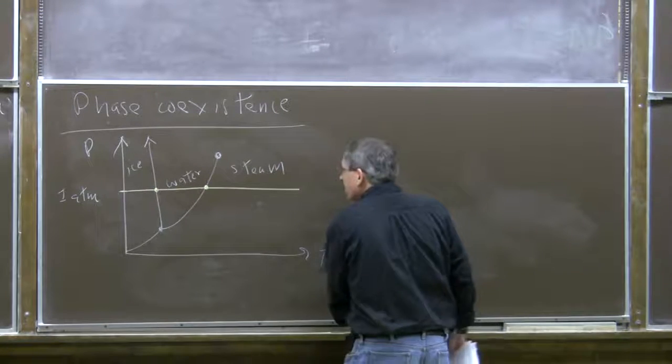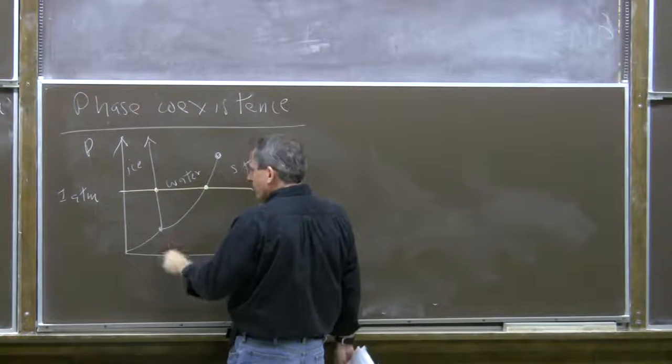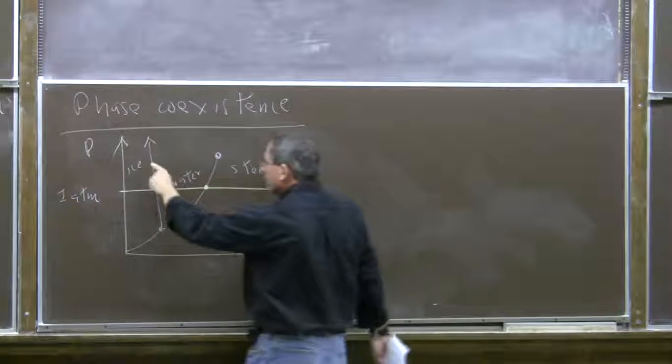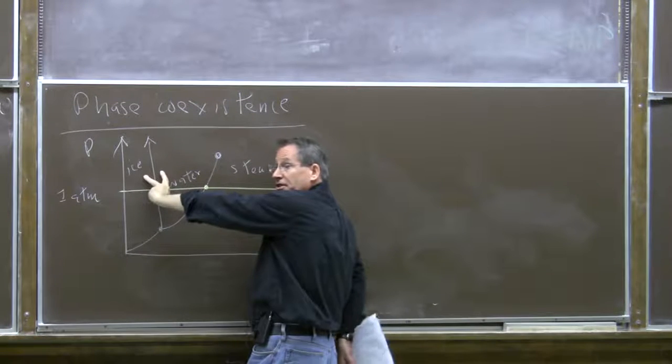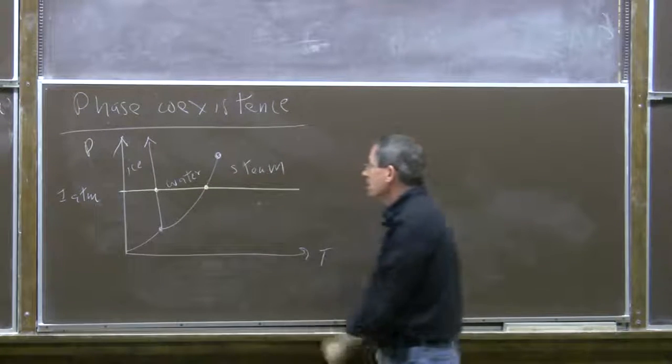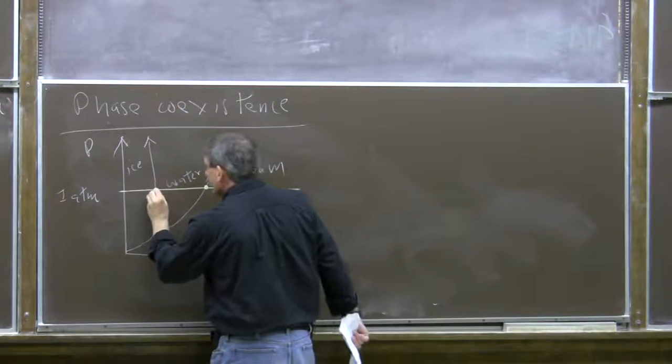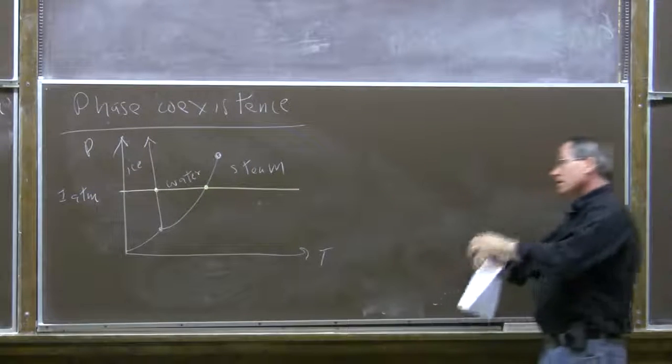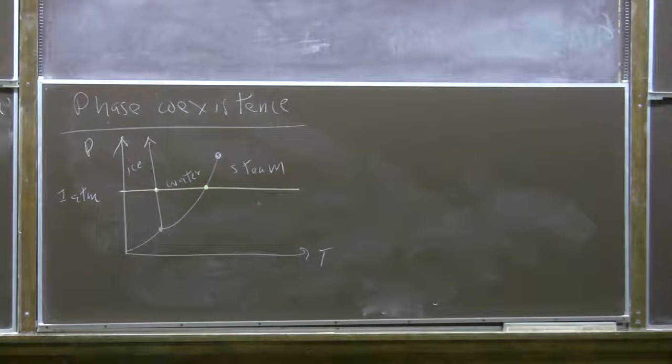Well, actually, before I get to that, what do these curves represent? They represent values of the temperature and pressure where 2 phases can be in stable equilibrium with one another. That's what I mean by coexistence. So if you're at 1 atmosphere pressure and 0 degrees Celsius, you can have water and ice in contact with one another in a stable configuration, a mixed phase.